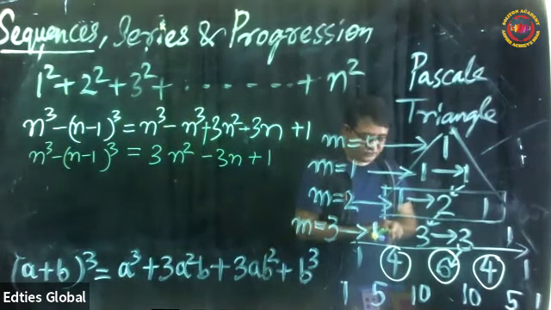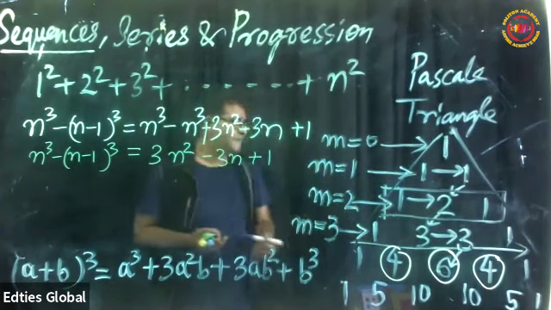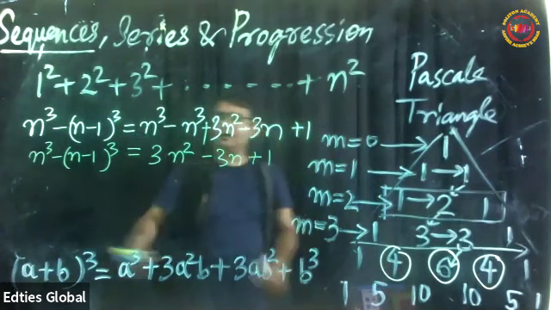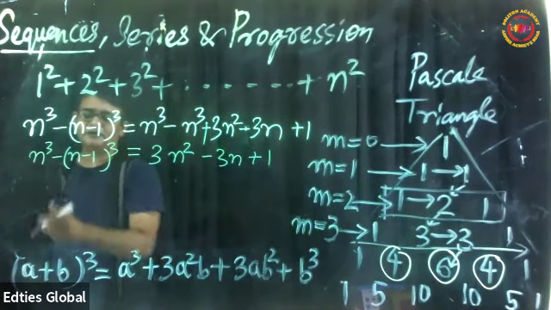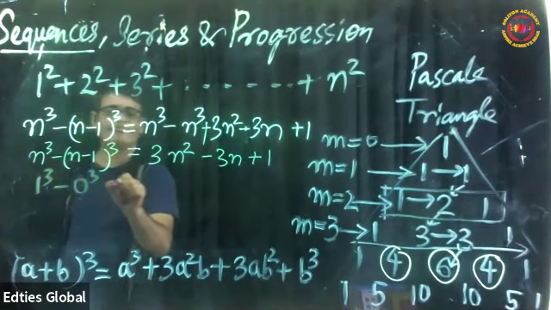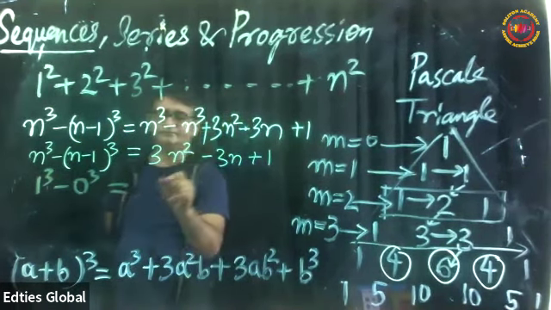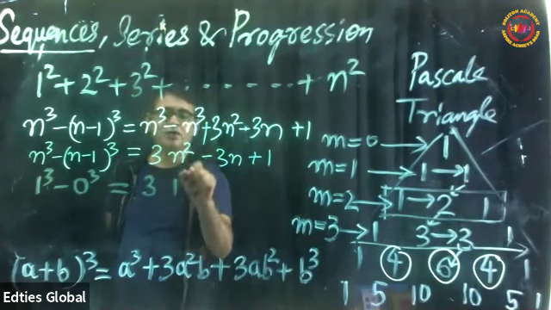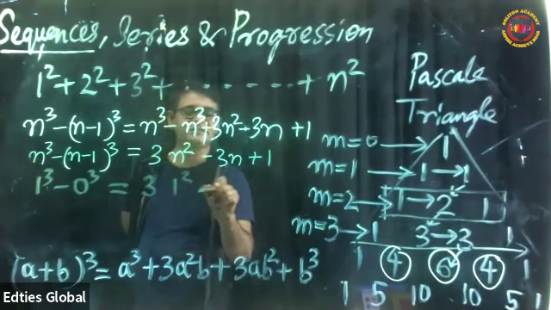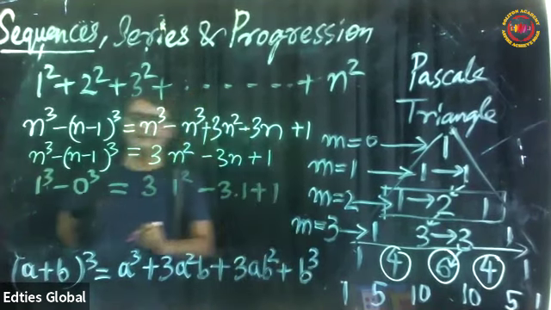Now let's do this business from n is equal to 1 onward. I put n equal to 1 on the left hand side, I get 1 cube minus 0 cube. On the right hand side, what do I get? 3 into 1 square minus 3 into 1 plus 1.